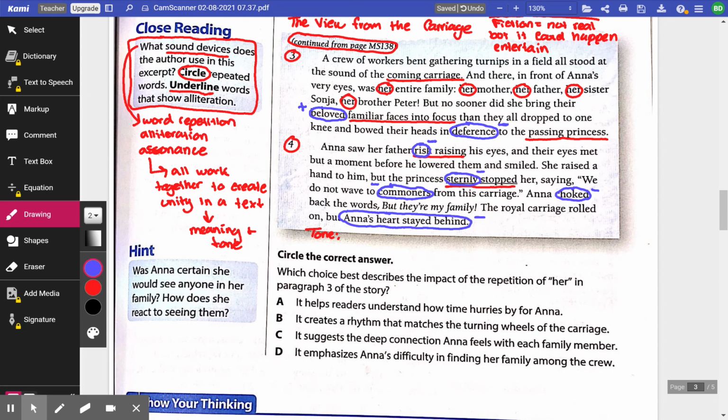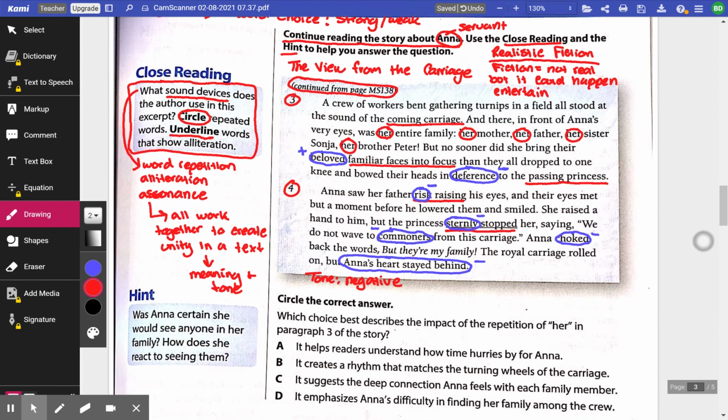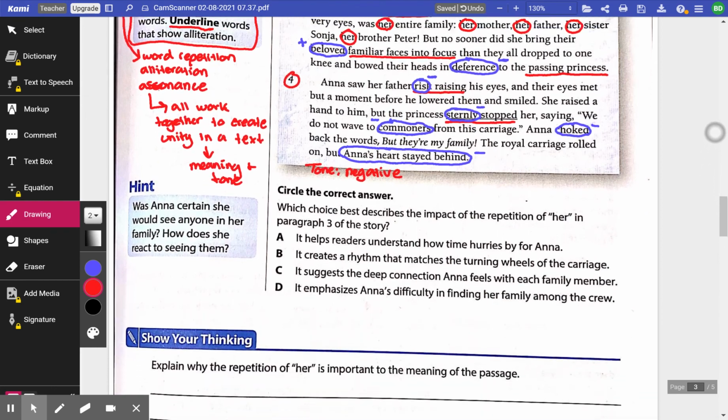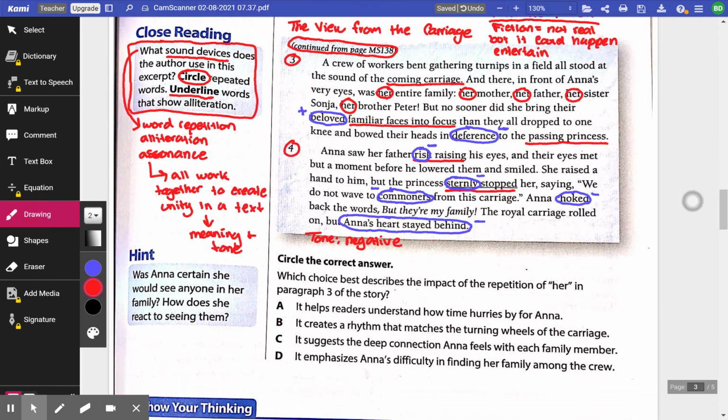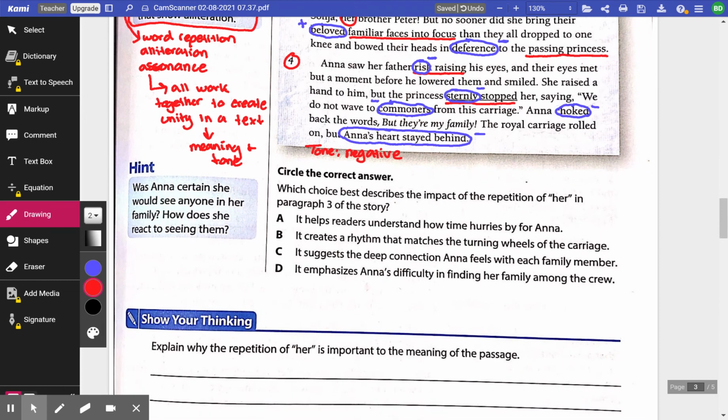She sees her family in the distance, but that's all that she really gets to do. So I would say the tone for this part of the text is definitely more negative than positive, right? Definitely more negative here. All right, so now that we have broken apart our text, we have figured out the end of Anna's story. Let's go ahead and move on down to our question.